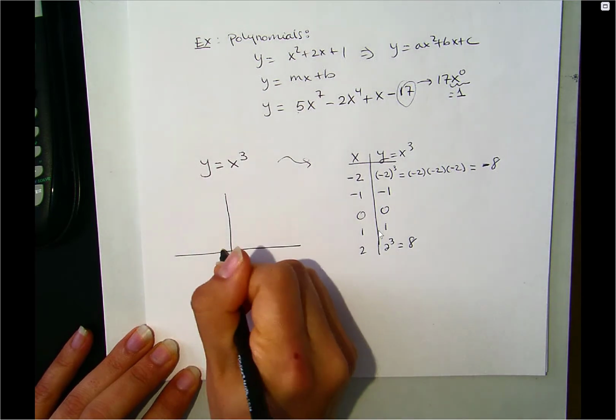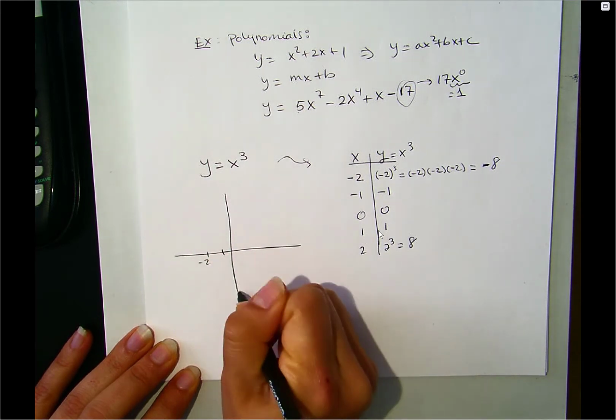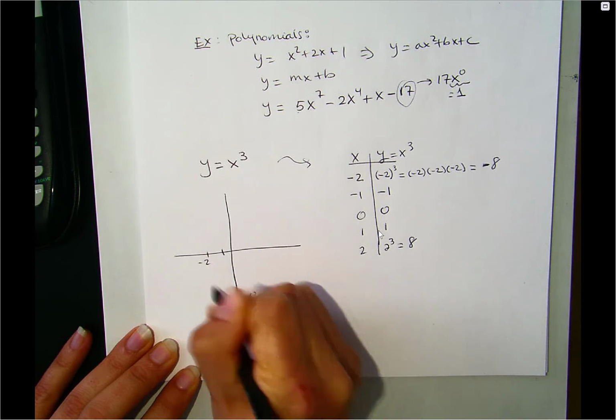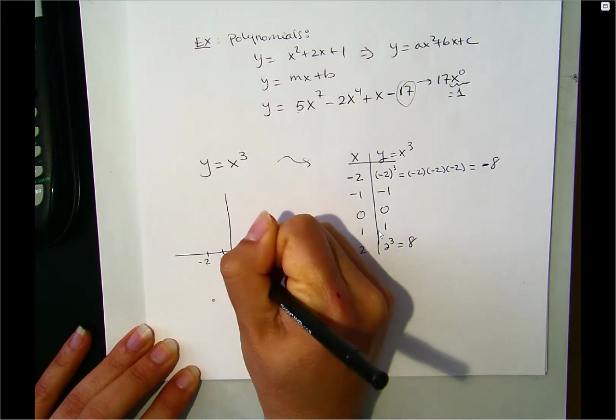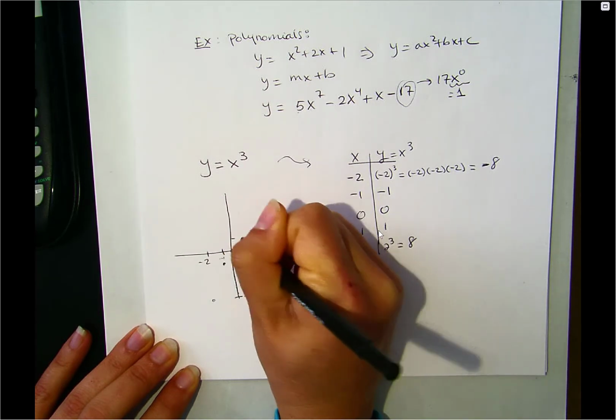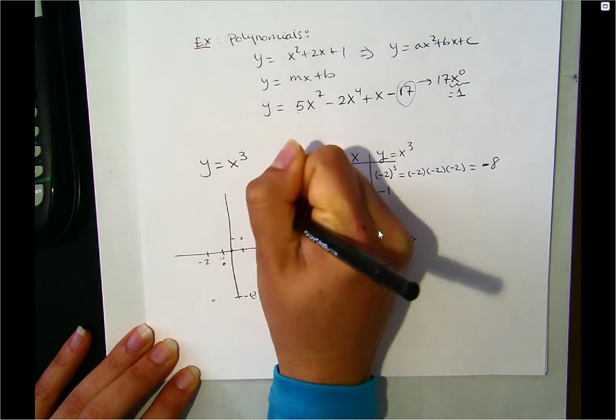So it's looking like at minus 2, we're going to be all the way down here at minus 8. At negative 1, you're at negative 1. 0 is 0. At 1, you're at 1. And at 2, you're going to be way up here at 8.